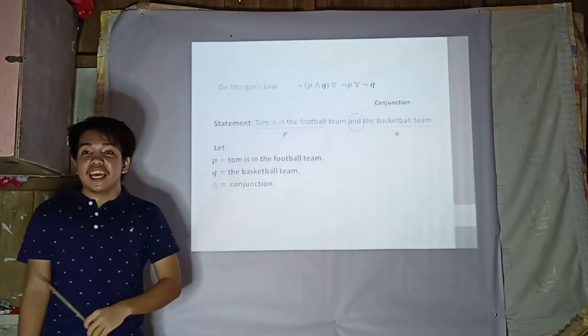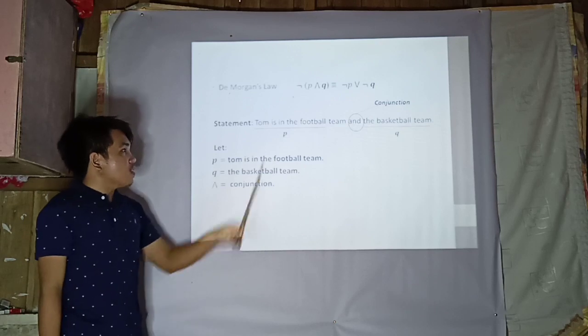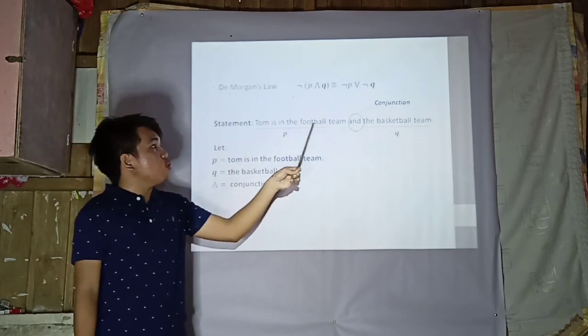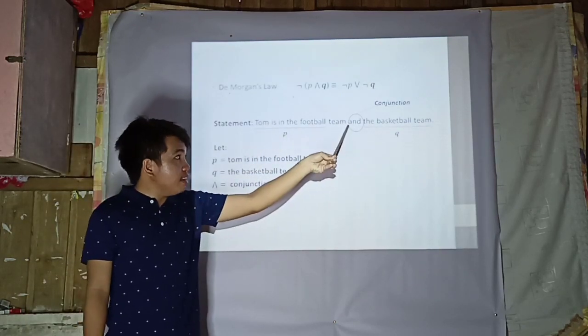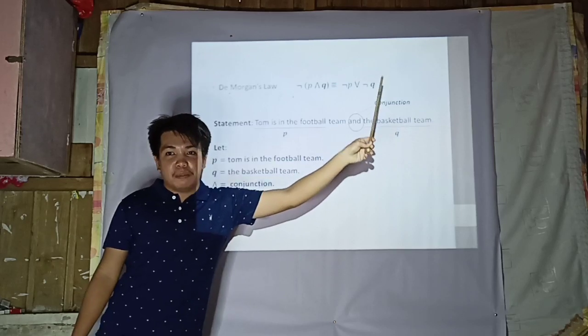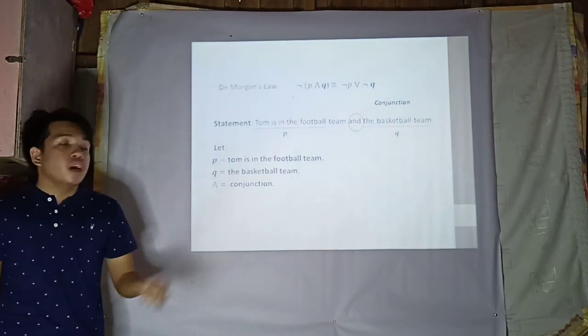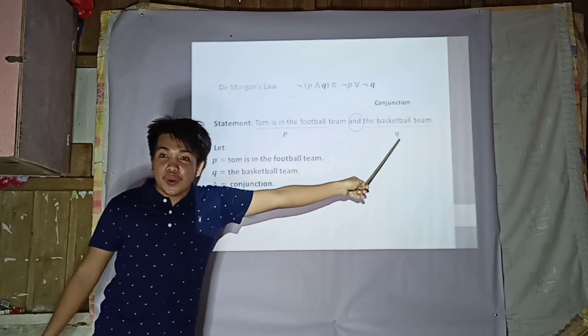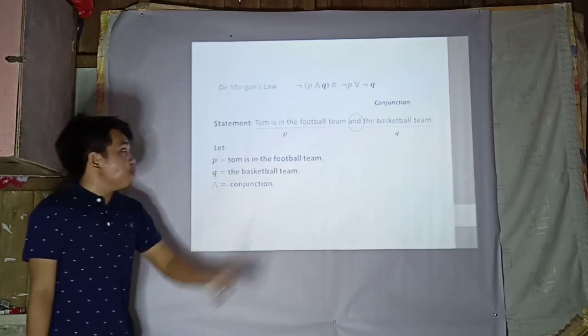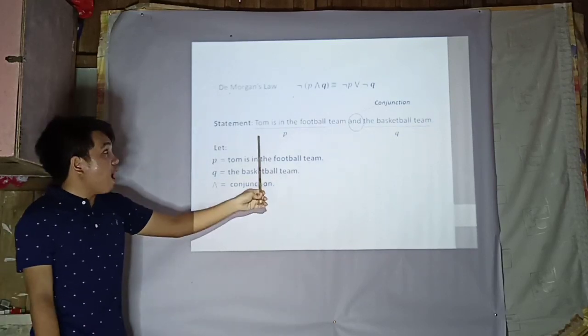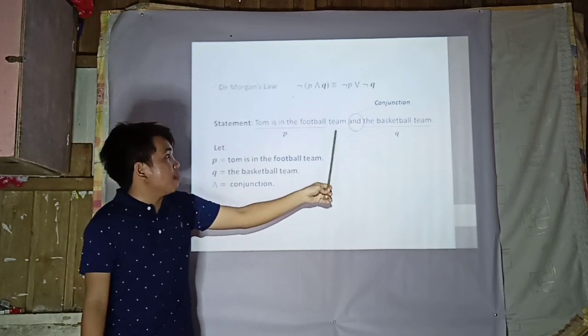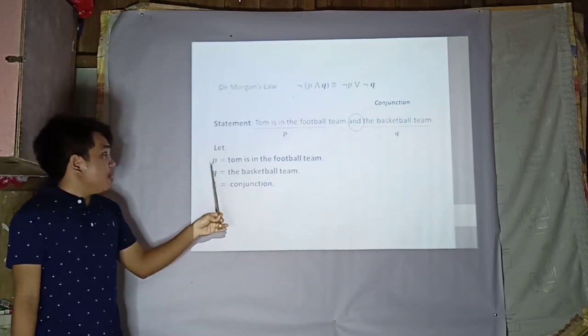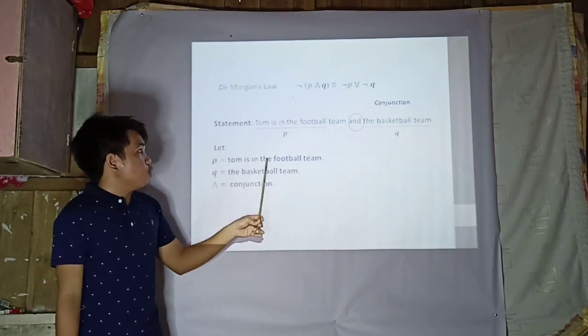So here, statement 1: Tom is in the football team and the basketball team. First, we need to find the P and Q in this statement. P is equal to Tom is in the football team.